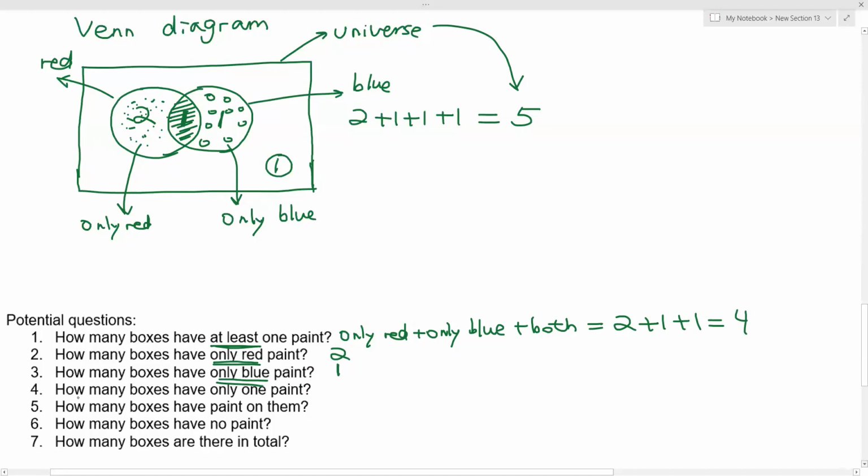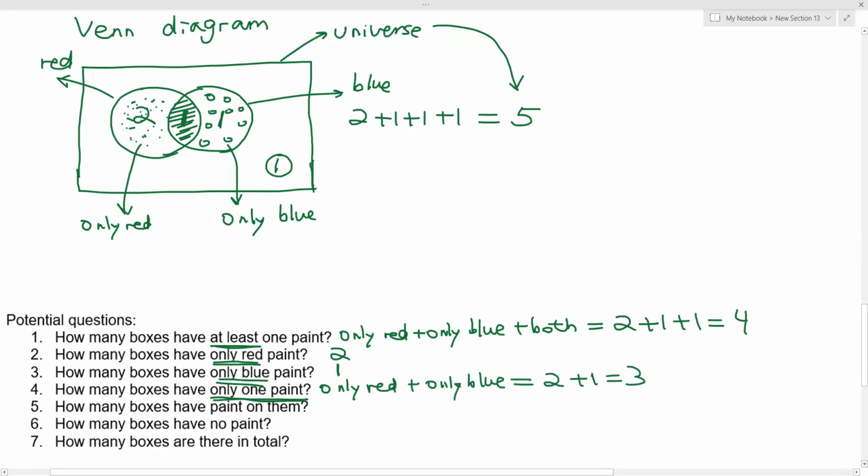Now, number 4, how many boxes have only 1 paint? Ooh, that's tricky. Only 1 paint, but didn't say what paint color. So we have to add only red with only blue. So the answer is 2 plus 1 equals 3.